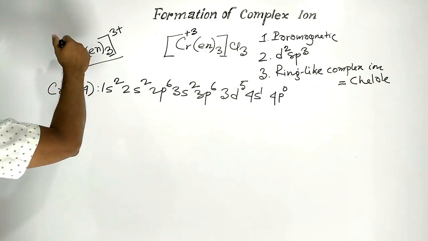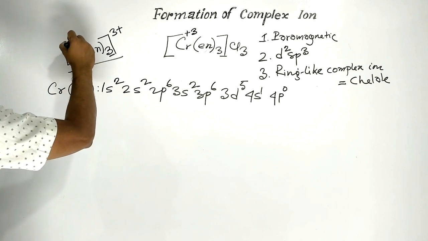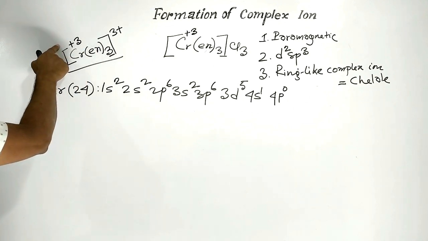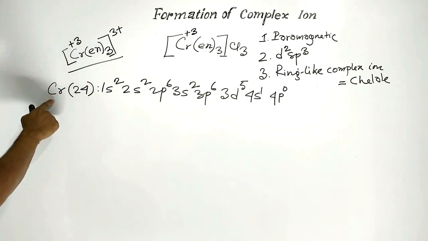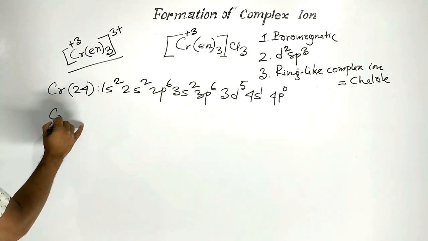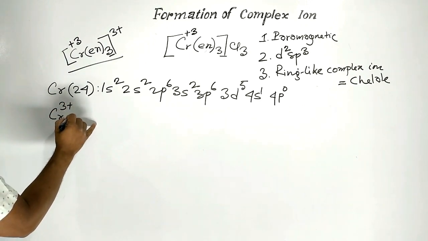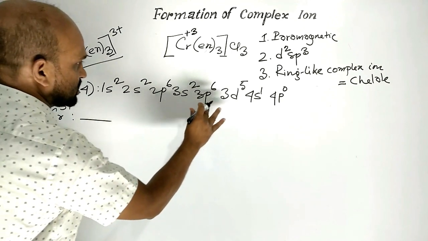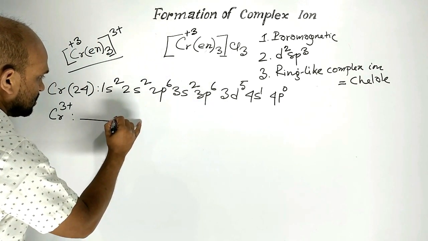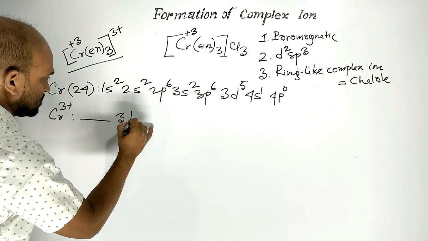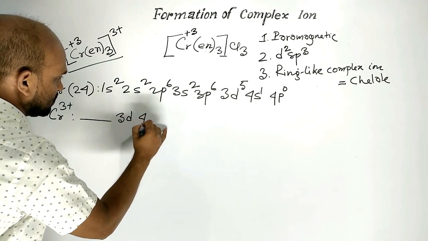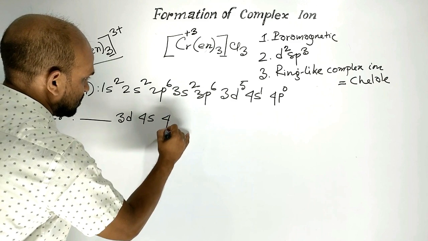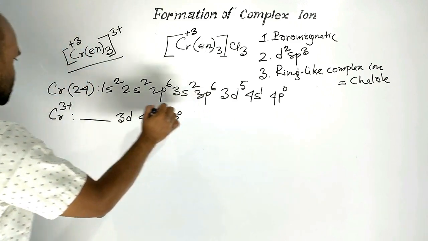In this compound we see that the oxidation number of chromium is +3. That is, chromium donated 3 electrons. Then the electronic configuration will be like this: 3d, 4s, 4p0.